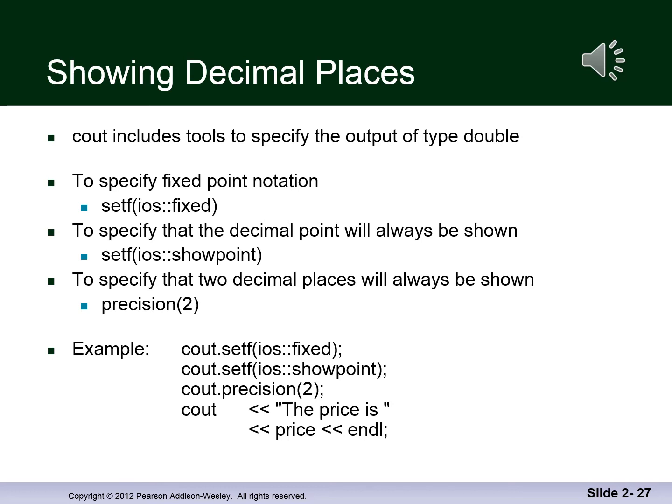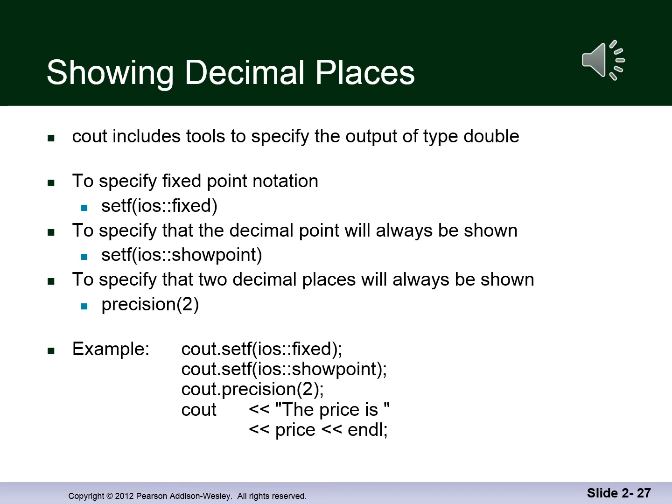Cout includes specific tools or program statements to control the output of double variables. And here they are. They're the setf statements. To specify fixed point notation, where there's a decimal point in between the whole and fractional component, you insert setf ios::fixed, that statement right there.